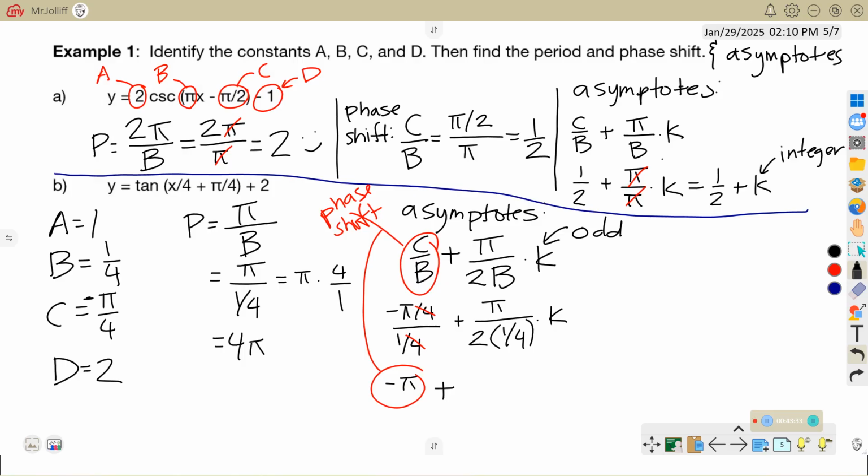What is the reciprocal of 1/2? 2 over 1. This is going to be 2 pi times k. And k is odd. So when I start figuring out where my asymptotes are, 1, 3, 5, I can't use 0. I can't use 2. K is only odd numbers.